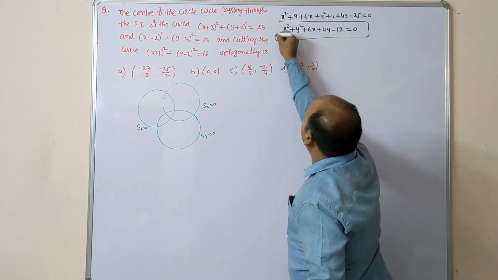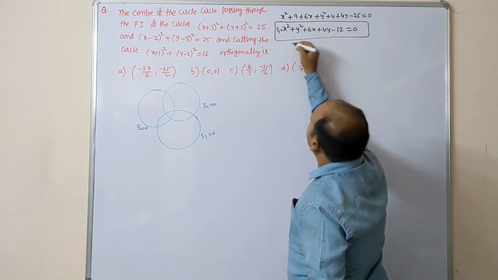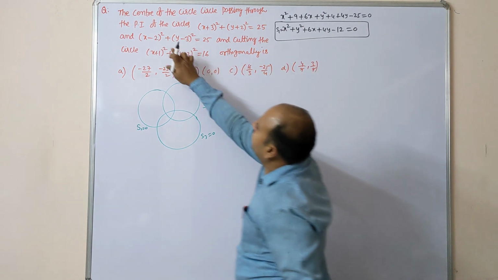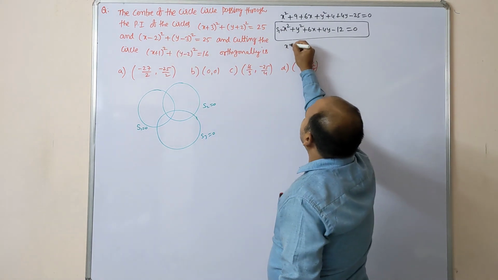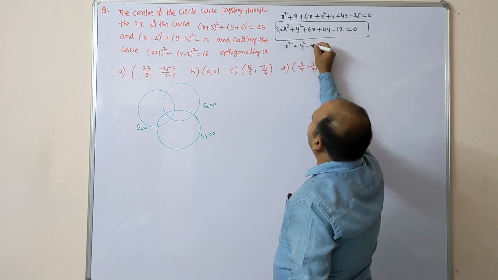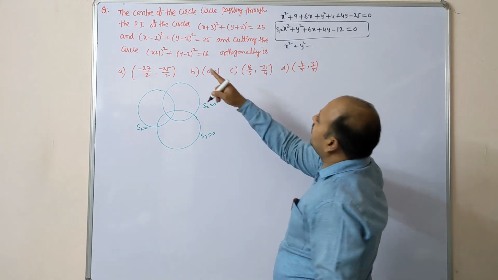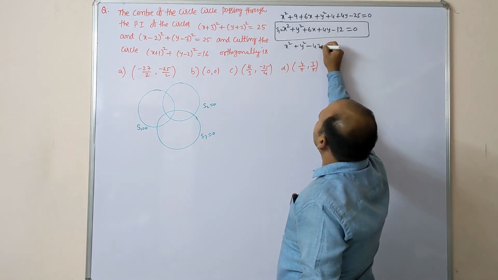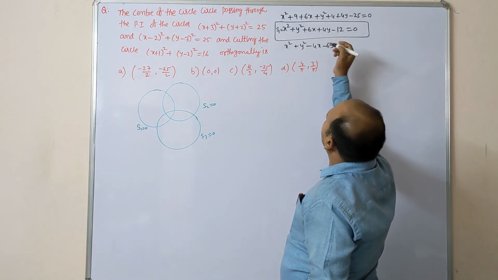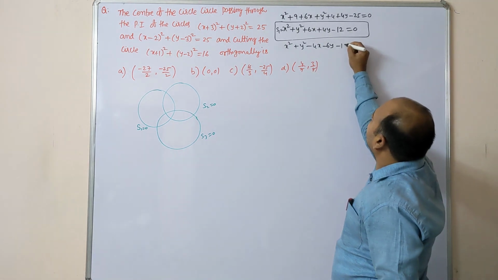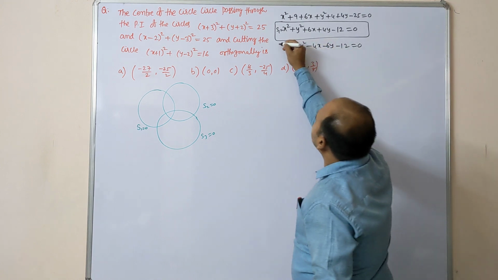This is S1 equal to 0, dear students. Next, I am writing S2. First expand this second one. That is also x square plus y square minus 4x minus 6y. Anyway 9 and 4 will come, 13, and we take minus 12 only. This is S2.